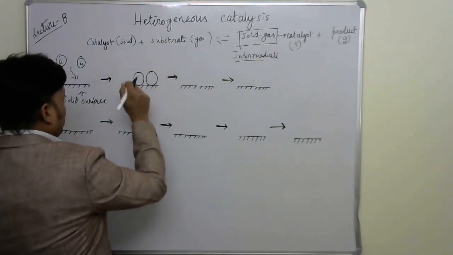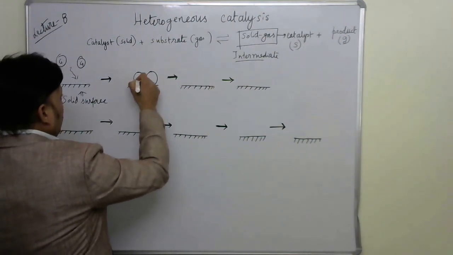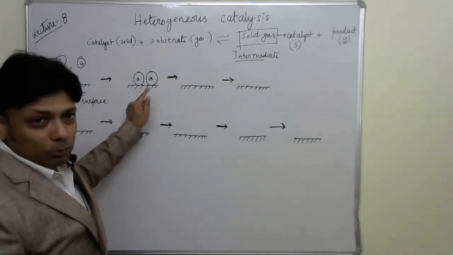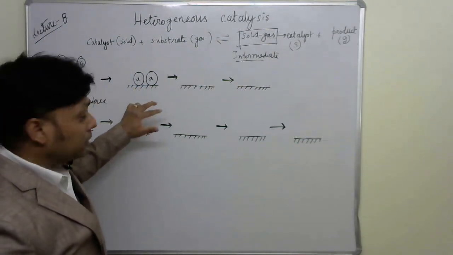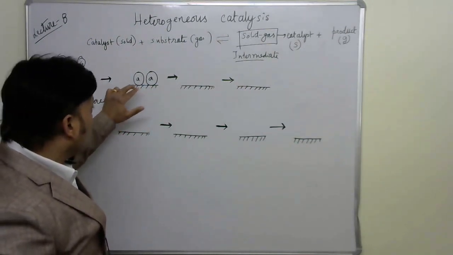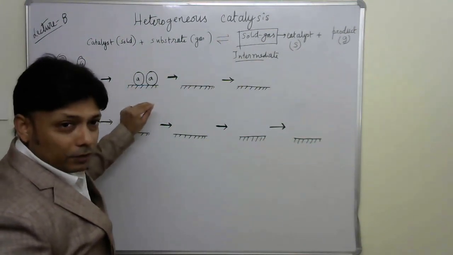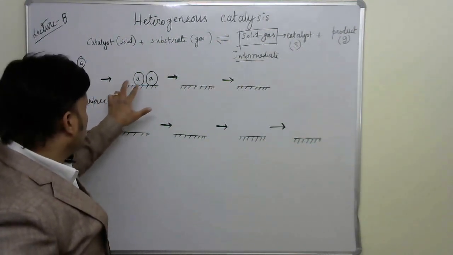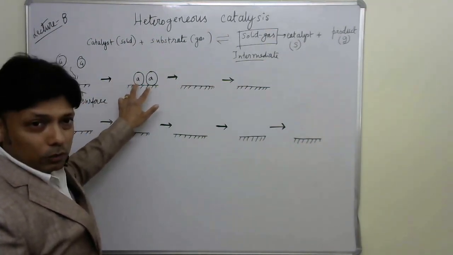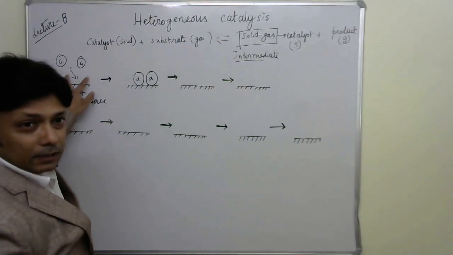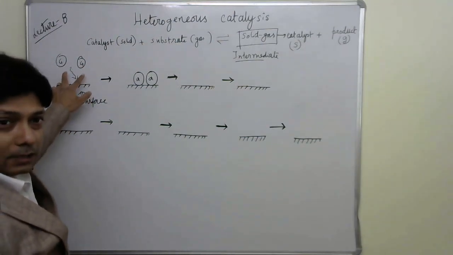Okay, and then in the next step, the gas molecules would be sitting on the top of the solid surface. But here at this point, we would not refer to them just as gas molecules, but we call them adsorbed molecules on the solid surface. Okay, so here you see the molecules are not as free as they would have been in the gaseous state.